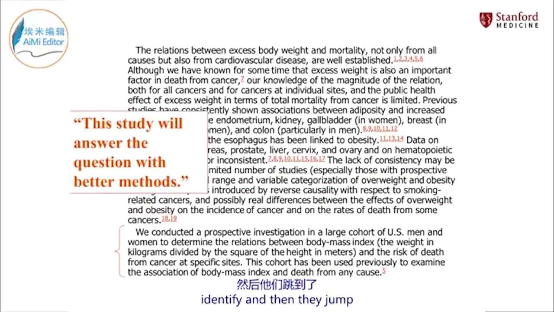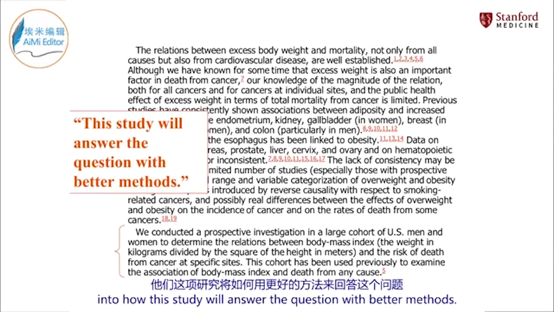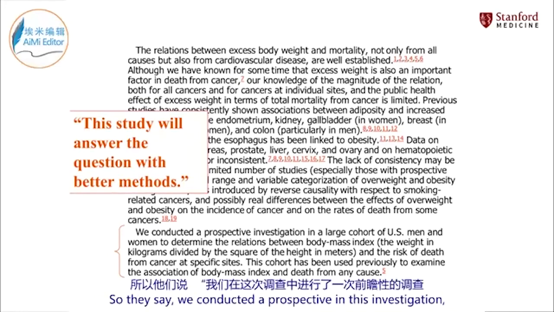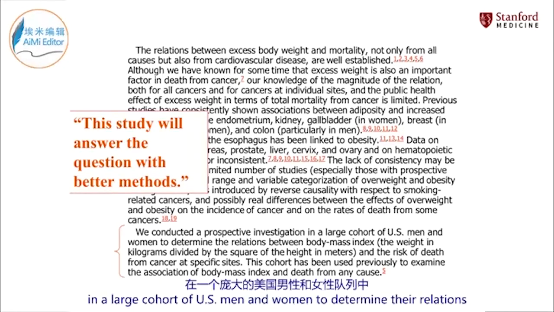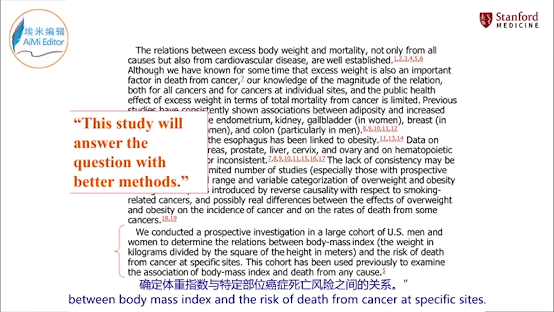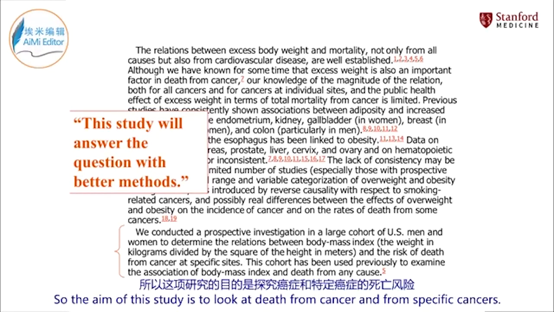And then they jump into how this study will answer the question with better methods. So they say, we conducted a prospective investigation in a large cohort of U.S. men and women to determine the relations between body mass index and the risk of death from cancer at specific sites. So the aim of this study is to look at death from cancer and from specific cancers.